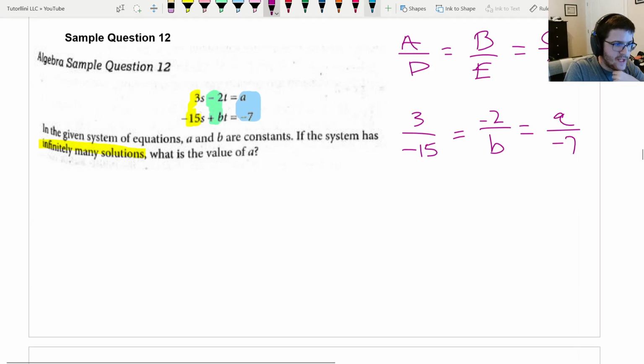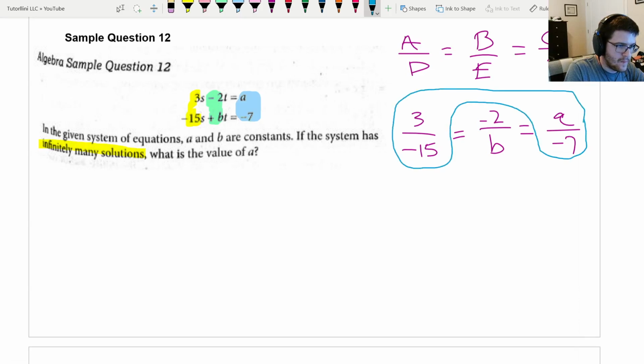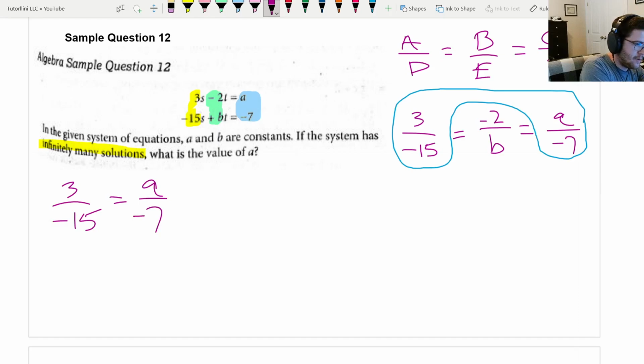And for the sake of it, I don't want to set it equal to B, because I don't know what B is. I want to just find A. Since they're all equal, why don't I just set these two equal? So 3 over negative 15 equals A over negative 7. And now we're going to cross multiply.